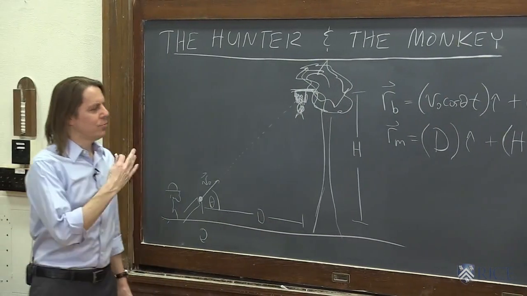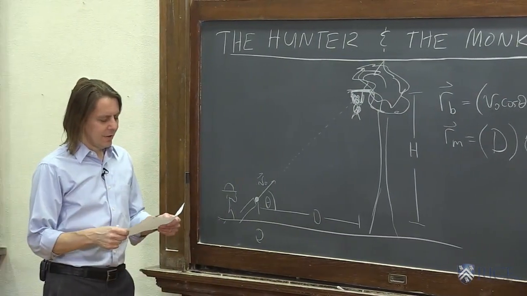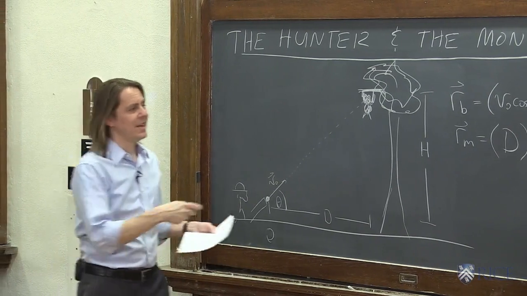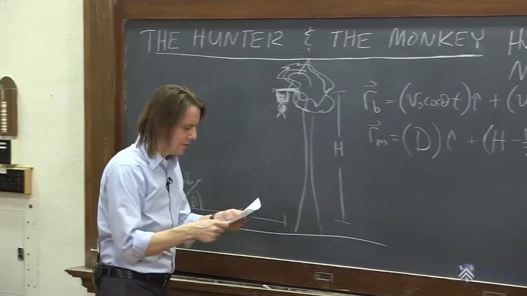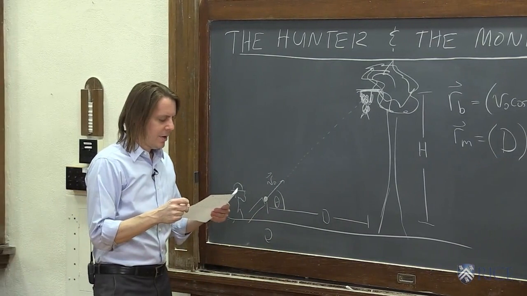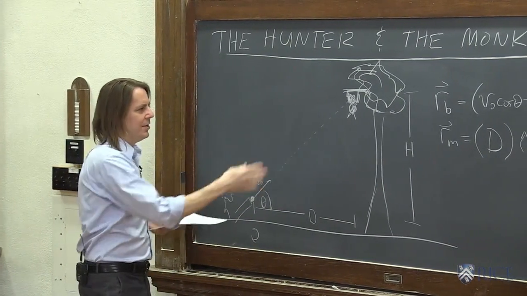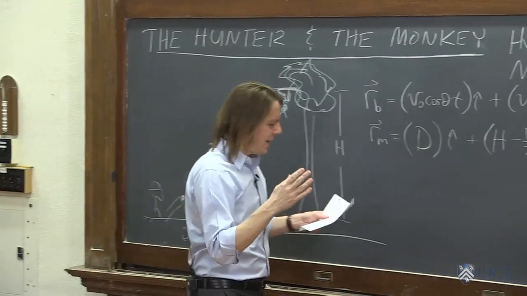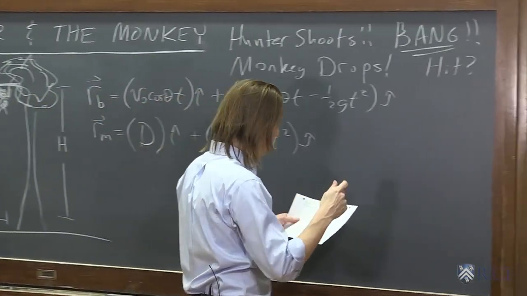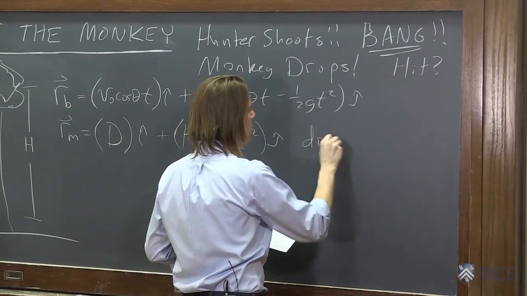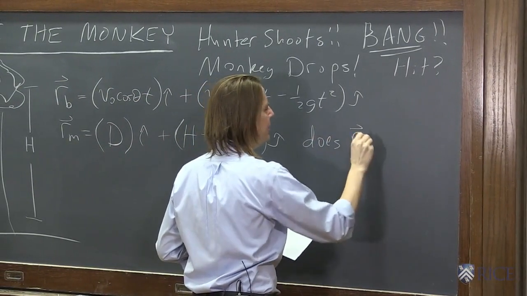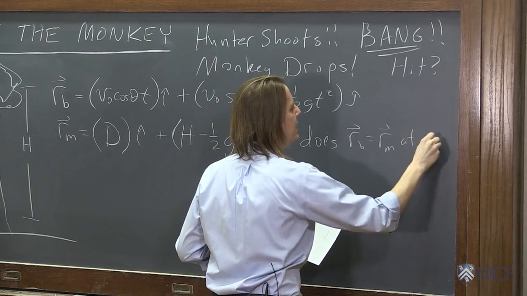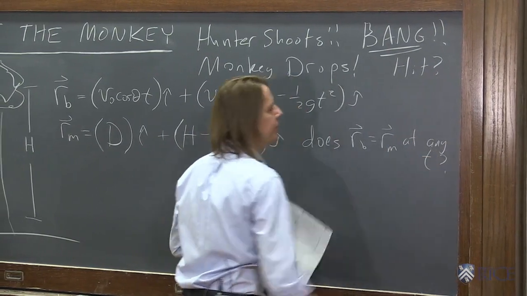So that's how I always like to do these problems. I like to write out the full expressions for the position, because we know we can get everything from these: velocities, accelerations, etc. Okay, but then the question is, do they hit? That's really what we need to solve for, are they going to hit? The way to ask that is, does R_B position equal R_M position at any time?